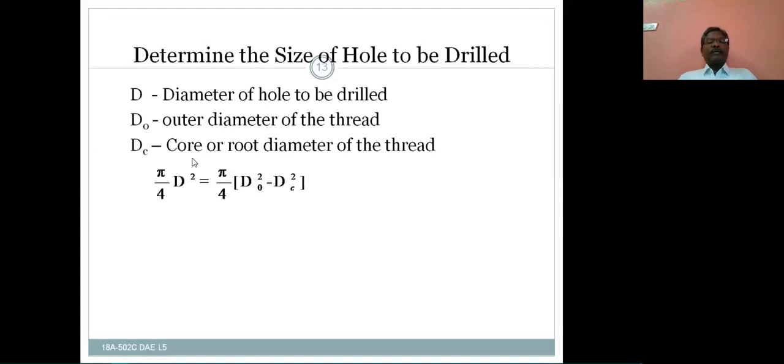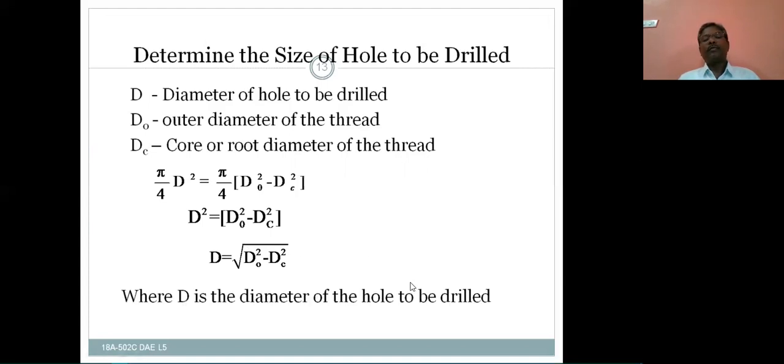So this is the area of the hole, and this is the area, right? So finally we get D squared equals DO squared minus DC squared. Finally, the diameter of the hole to be drilled is D equals the square root of DO squared minus DC squared. This formula is used to determine the diameter of the hole to be drilled to make the bolt of uniform strength, where D is the diameter of the hole to be drilled.